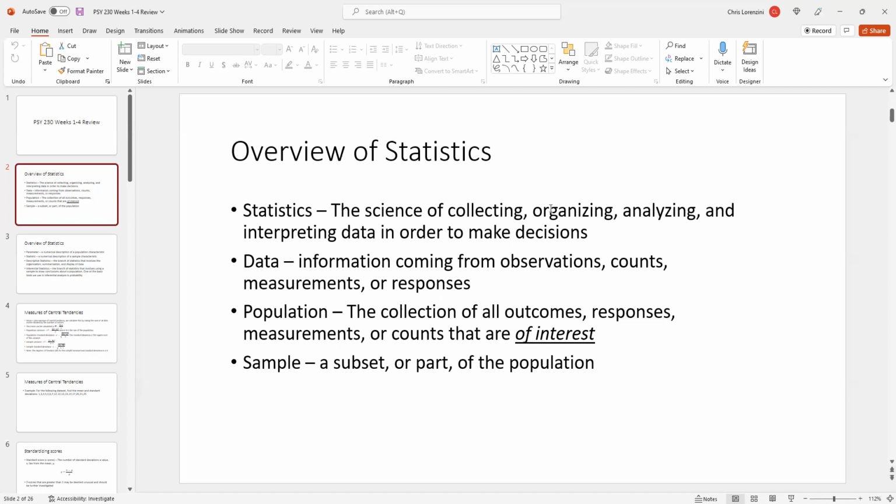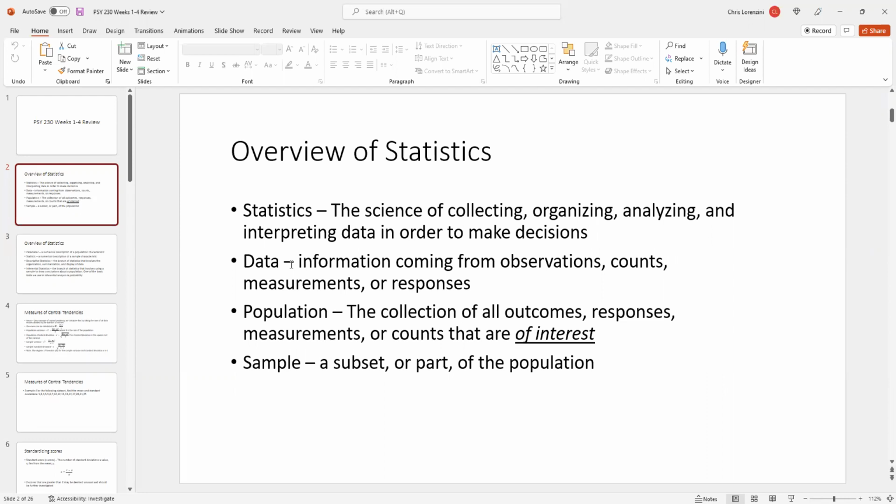We collect data, we organize it in whatever fashion, we analyze it by doing things like calculating means, medians, modes, standard deviations, making graphs, and then we interpret it. That's kind of the confidence interval as well as the hypothesis test piece in order to make decisions going forward.